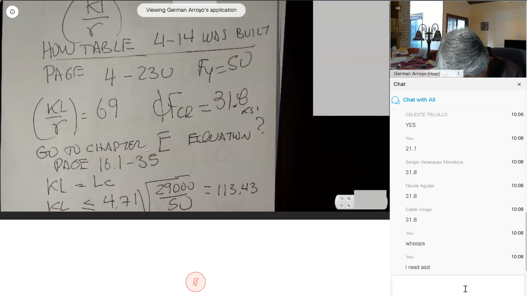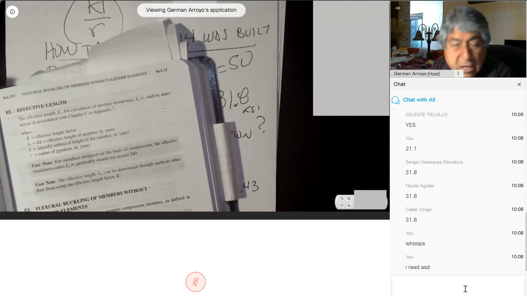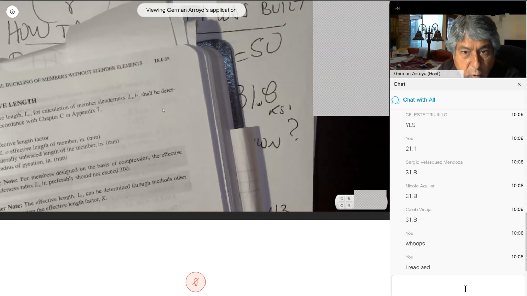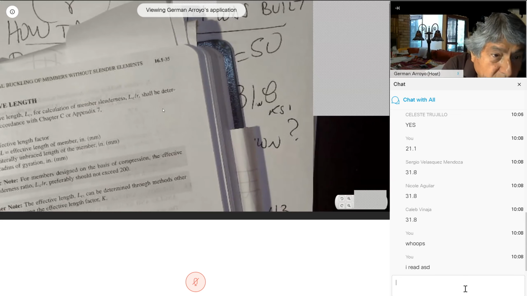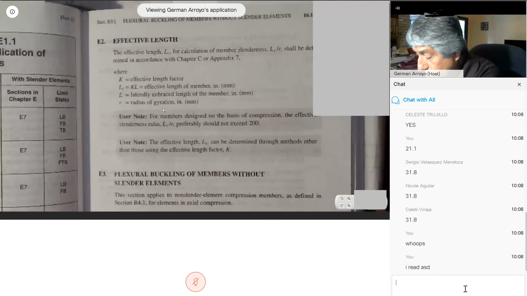In chapter E, I want you to go to page 16.135. If you were late, we were on this page before, 16.135. In E3, we had the equation.